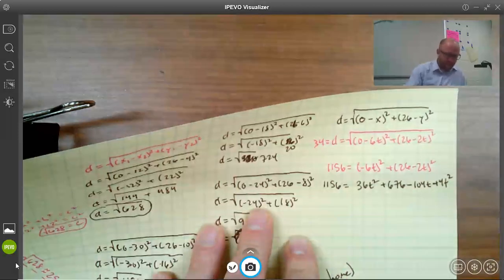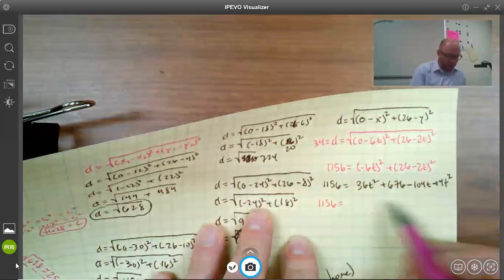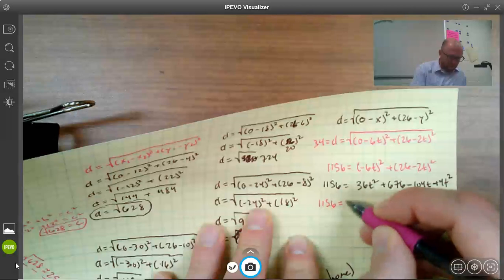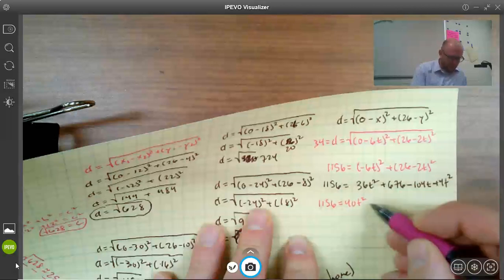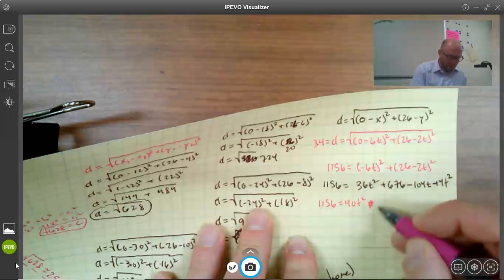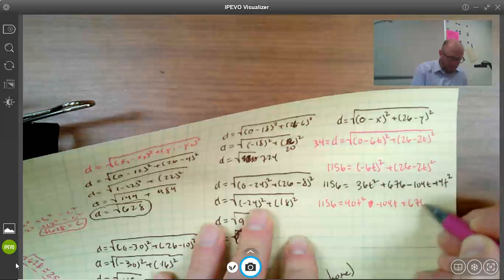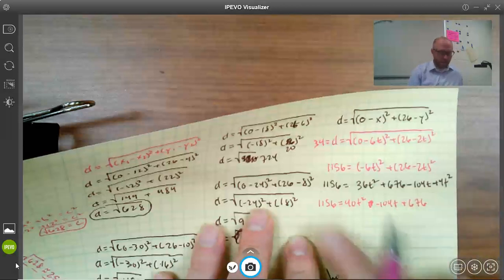So then we have 1156 equals 4t squared and 36t squared. That's 40t squared minus 104t plus 676. Now I'm going to subtract 1156 from each side.